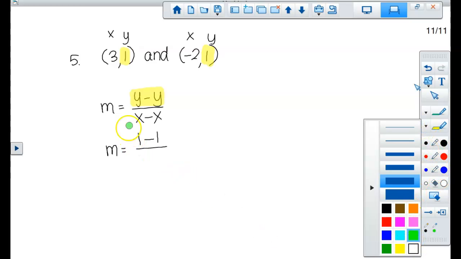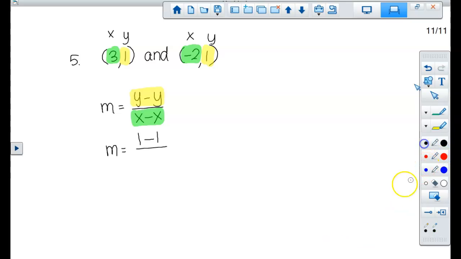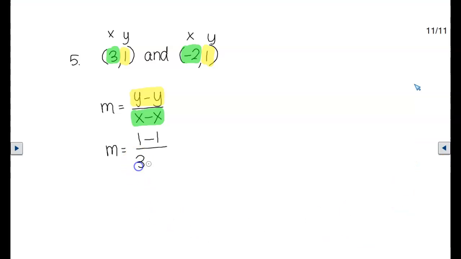All right, now on the bottom, x minus x, we're going to do 3 minus negative 2. Now notice it's a negative number here. So we're going to do 3 minus negative 2. Minus from the formula, negative from the 2.